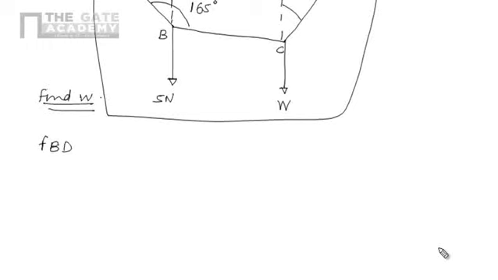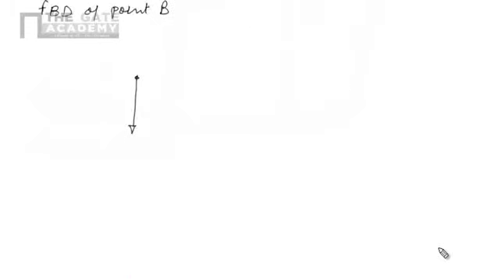So let's draw the free body diagram of point B. At point B, there is a force of 5 Newton acting vertically downward.